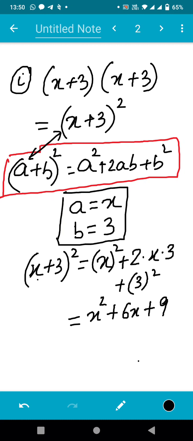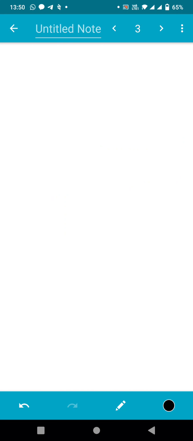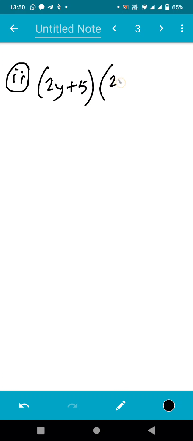Now let's move on to sum number 2. Now here we have sum number 2. So what we have in sum number 2, in the first bracket they have given 2y plus 5, and in the other bracket we have 2y plus 5. Fine.